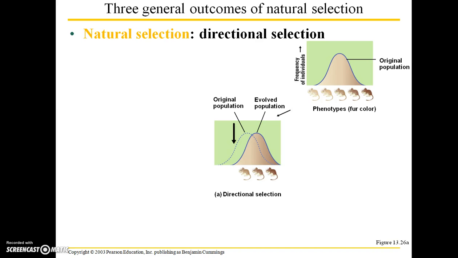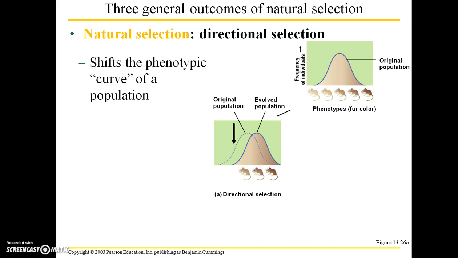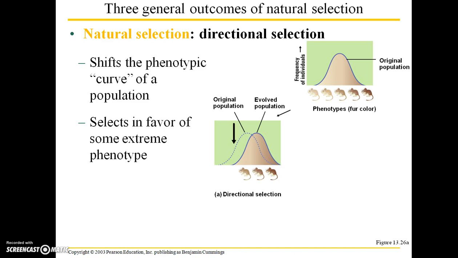I'm going to cover three general outcomes of natural selection, and these all have been demonstrated in natural populations, but the example that I'm going to use here is kangaroo rat fur color. With directional selection, there's going to be a shift in the phenotype curve of a population.